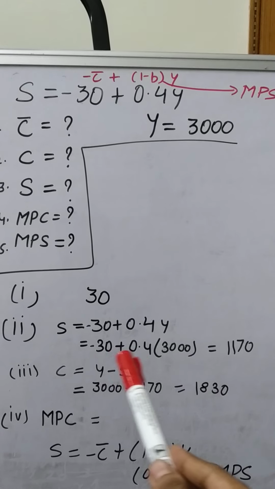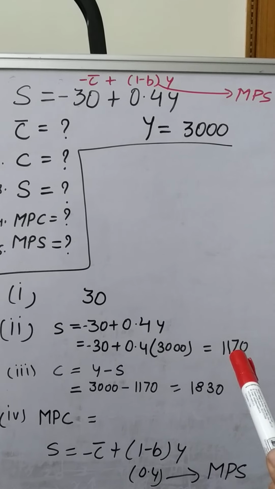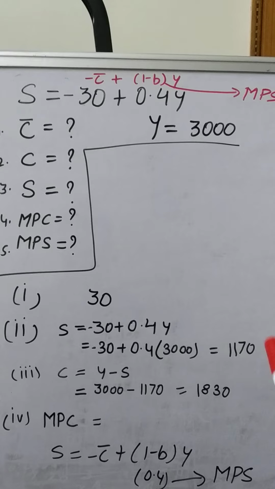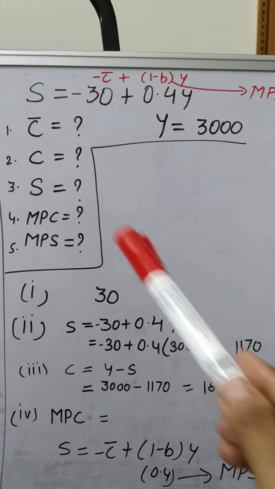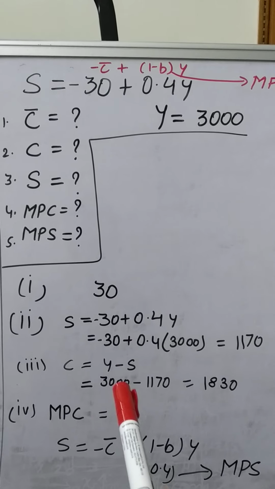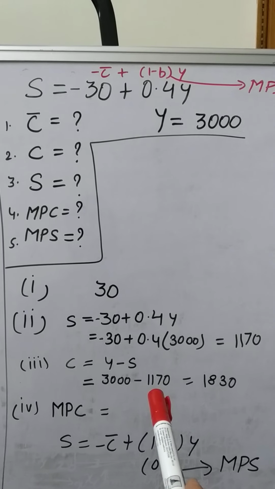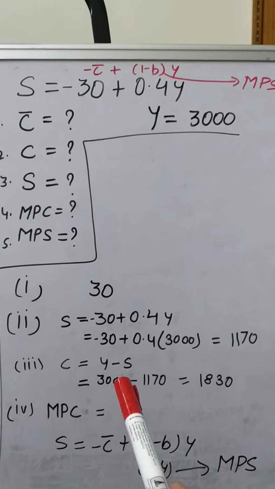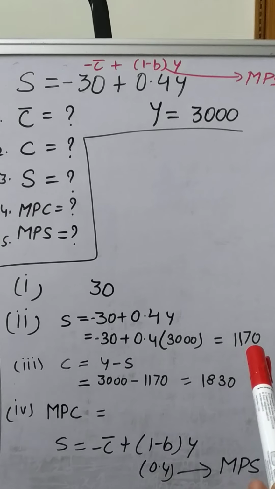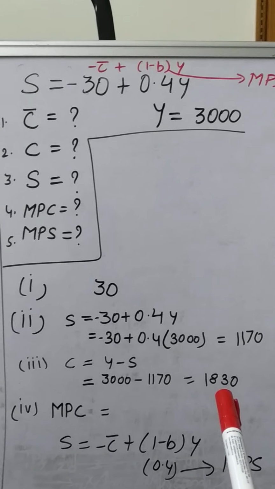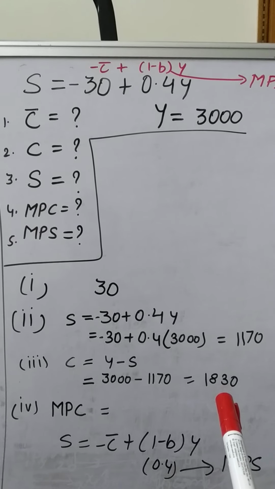So when you calculate this value, you will get 1170. So this is your saving, this is your income. So Y minus S you will get C. So here also we have done Y minus S equals C. Y was given in the question as 3000, saving you have found out with the saving function, that is 1170. So that's why we will get consumption 1830.